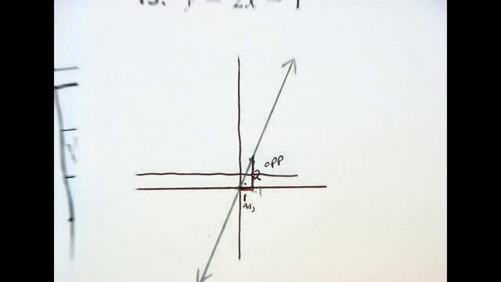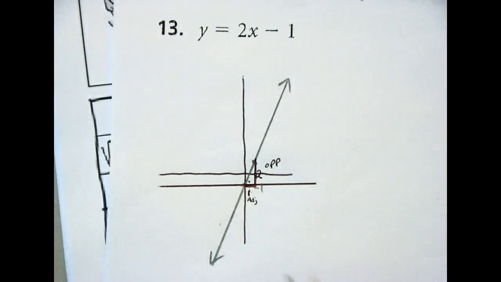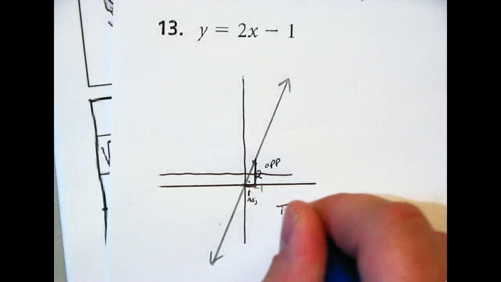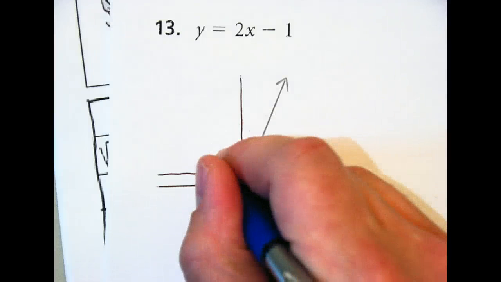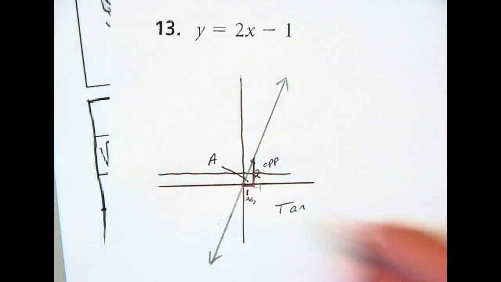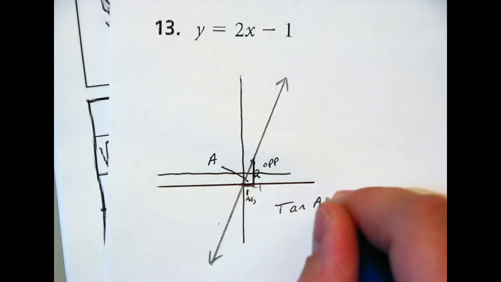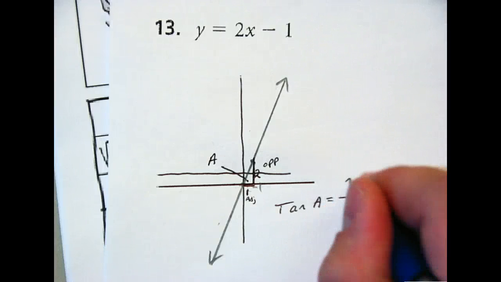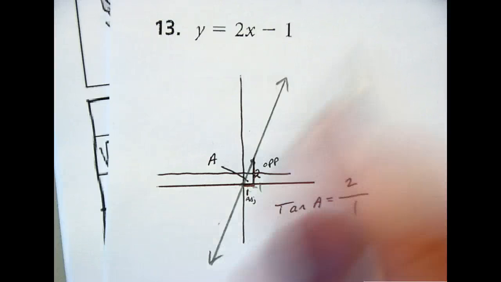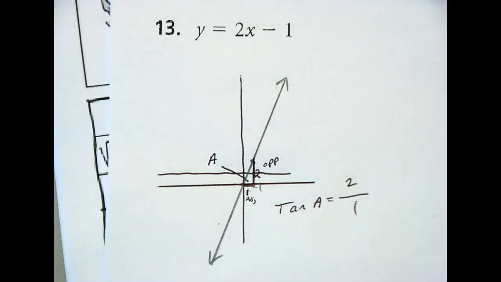If I'm setting this up, I'm trying to find the tangent of my angle, which is right here. Let's call that angle A. Tangent of A is equal to what over what? 2 over 1. Where could I have got that 2 over 1 other than drawing the picture? In the equation.